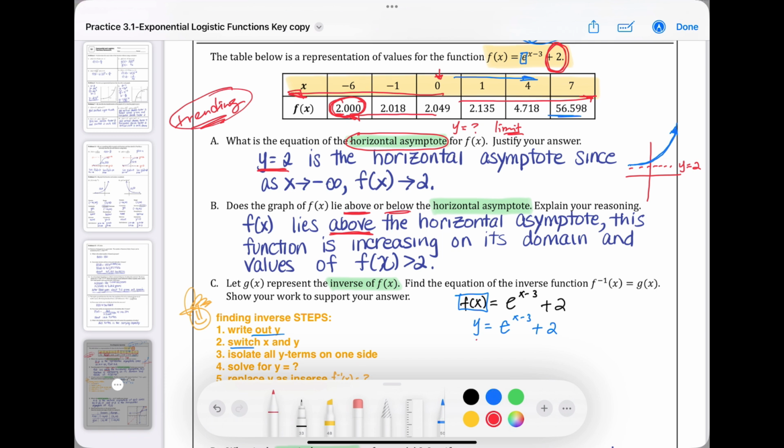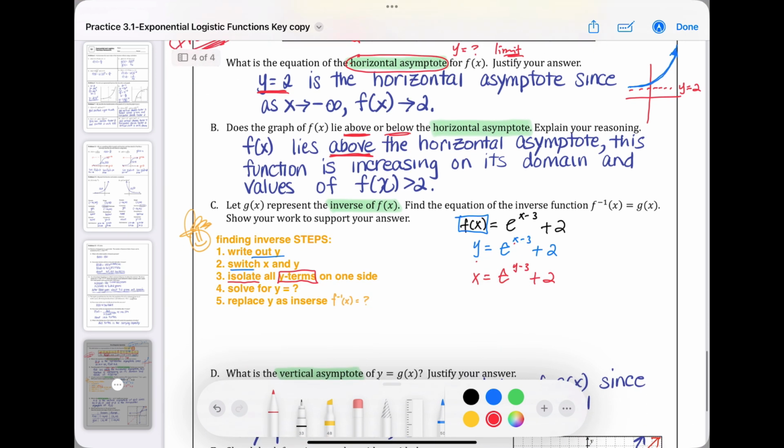What is my step 2? Switch x and y. So what you see is what you get. When you see y, you write it as x, and when you see x, I'm going to make it y. Now the next move: I have to isolate all the y terms on one side. Ms. Ong, everything about y has to stay on one side.